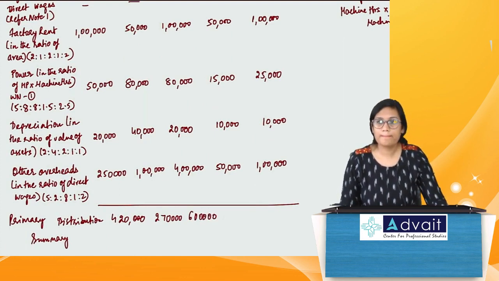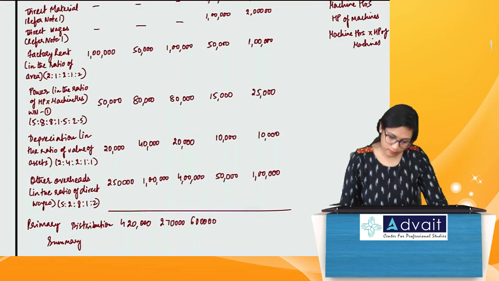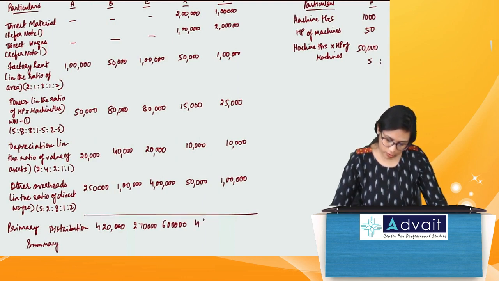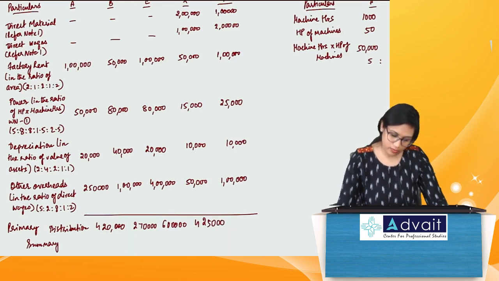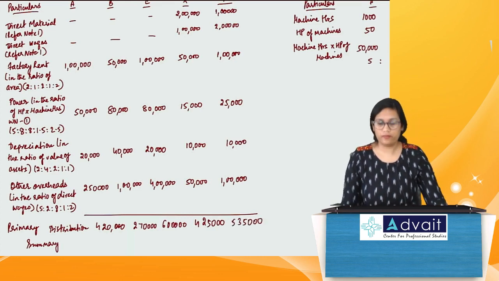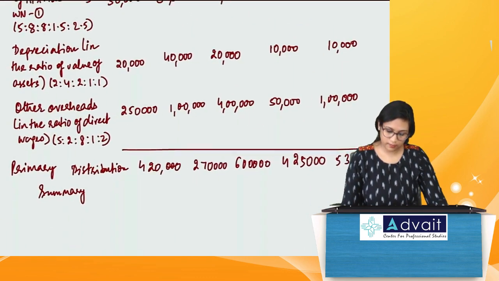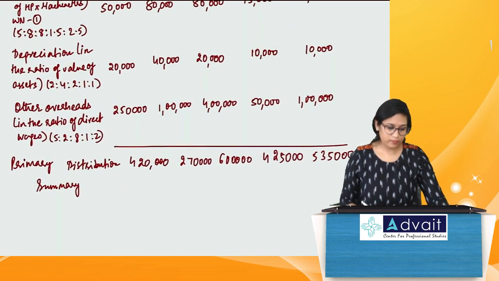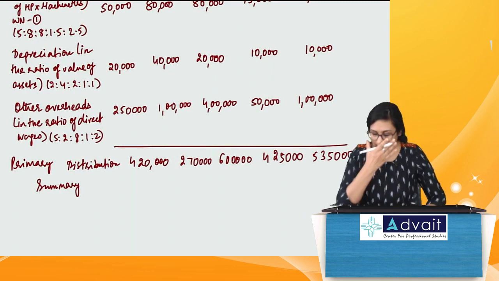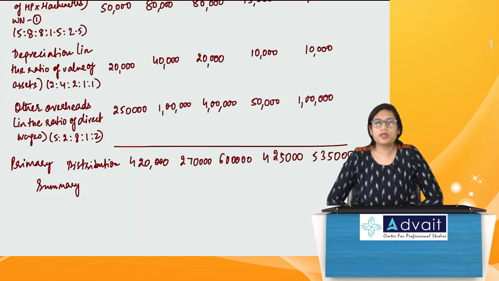Then 425. Then 535. Please check. So I've got my primary distribution summary.